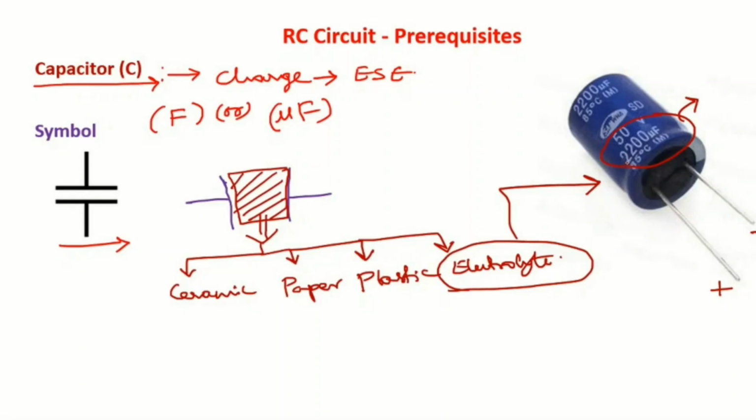Here in this example, it is written as 2200 microfarad. There is no color coding as we use in a resistor. The number written on the capacitor directly represents the capacitance, so there is no need to worry about the capacitance value of a given capacitor. We are going to use this capacitor in our RC circuit as a basic element.